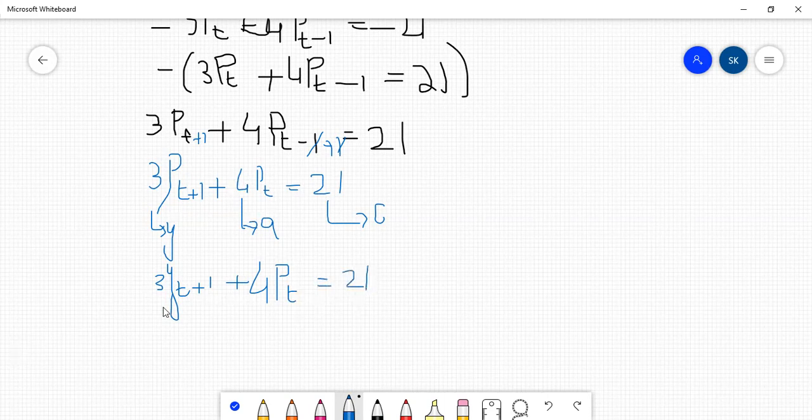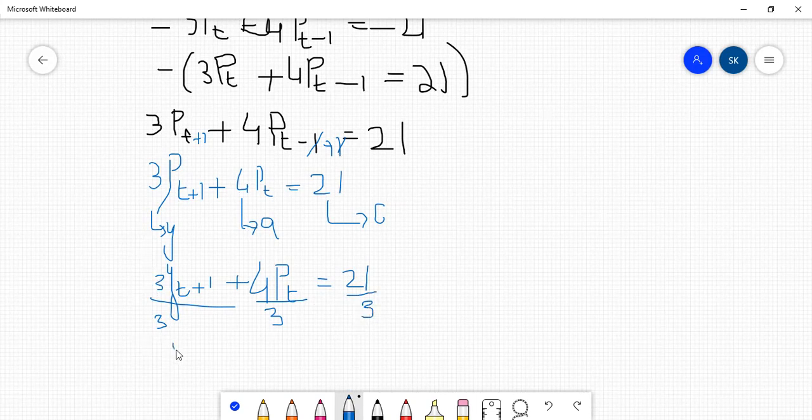One more step is left over here: we have to divide this whole equation by 3 in order to bring 1 over here, because that will give us the general form of the first order linear difference equation. So therefore, we will divide this whole equation by 3. Each term is divided by 3.